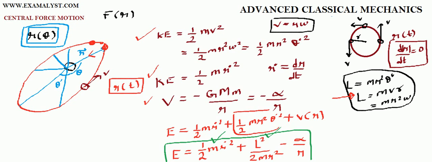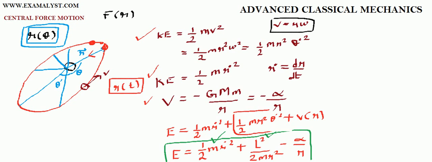Now what to do? So now let me call this equation 1. Okay, there is one more equation that I want you to focus on, the angular momentum equation, where we already studied that the angular momentum, let me use red color, that will be better.